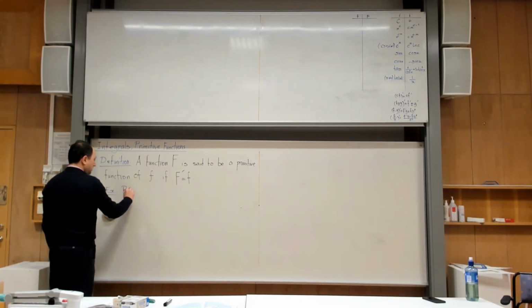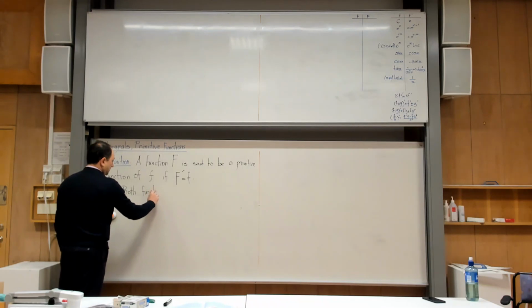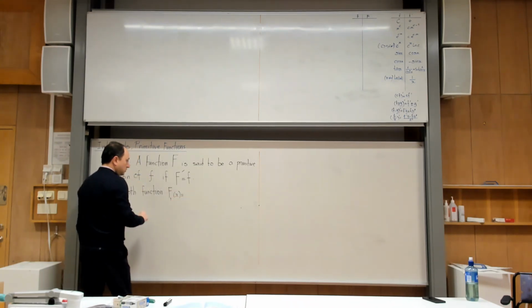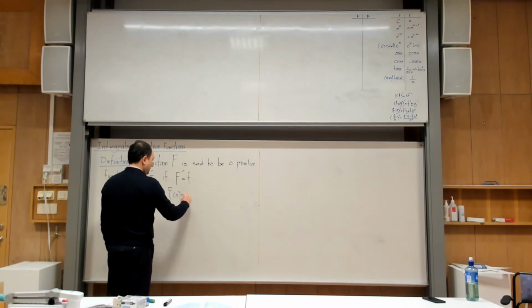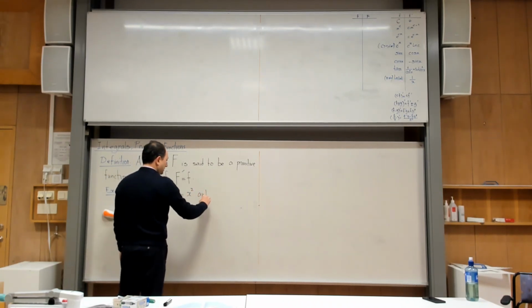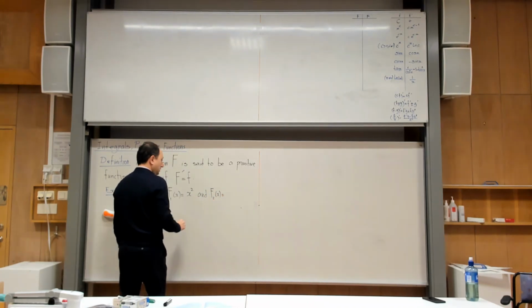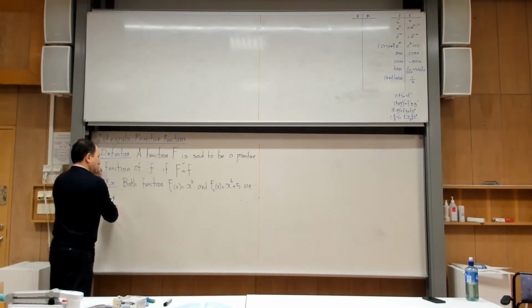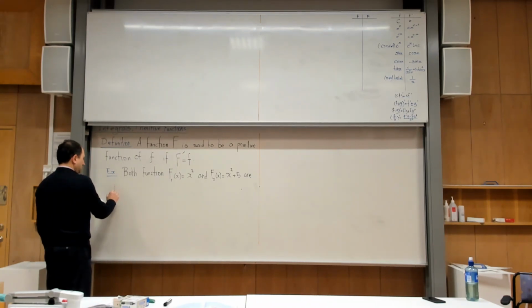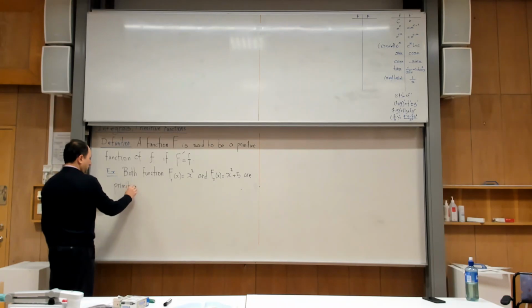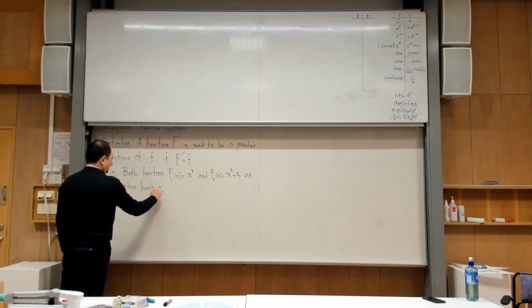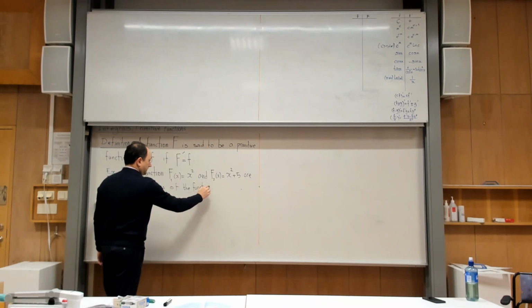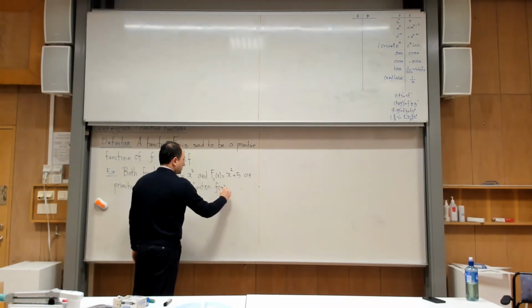Both functions, so let me call one of them capital F1 of x equals to x squared, and F2 of x equals to x squared plus 5 are primitive functions of the function f of x equals to 2x.